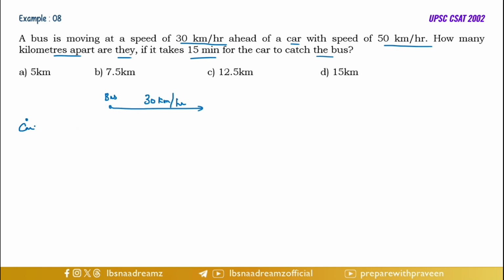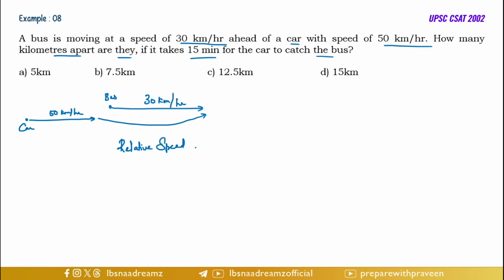The car is traveling with the speed of 50 kilometer per hour. So 15 minutes to catch the bus. So we have to find the distance between them.